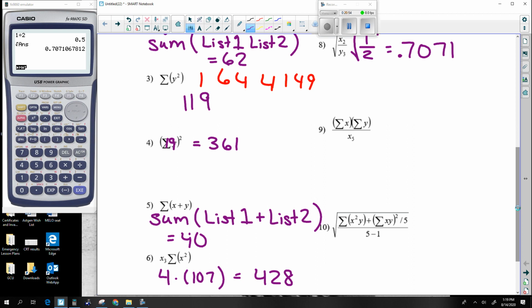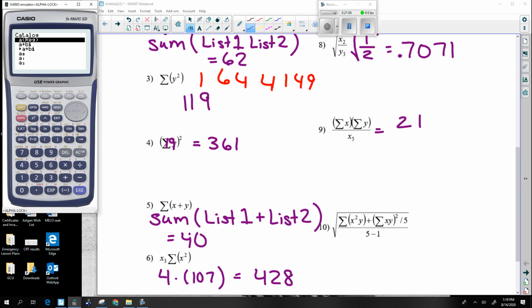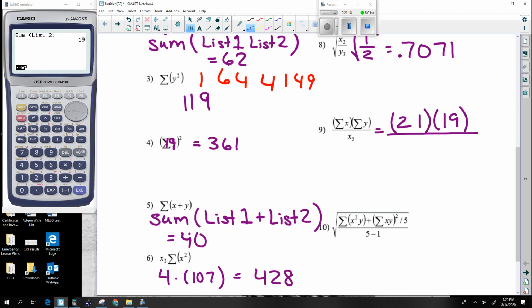Back to number 9. We have the sum of x, the sum of y, divided by x sub 5.